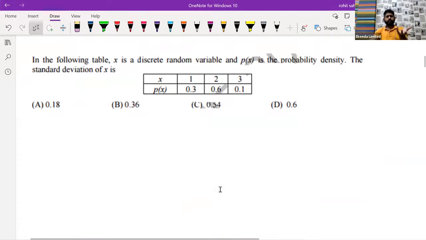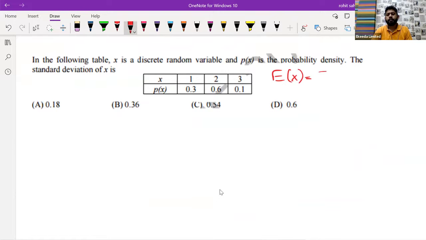This question they are asking for standard deviation. So of course you'll have to find your variance and then square root of that. Can you quickly do this? Of course there is nothing in it, just square root of variance, right? You'll find E of x. I can tell you what you have to find. Quickly, do it. There is nothing more in this, and it is discrete, which is even better.